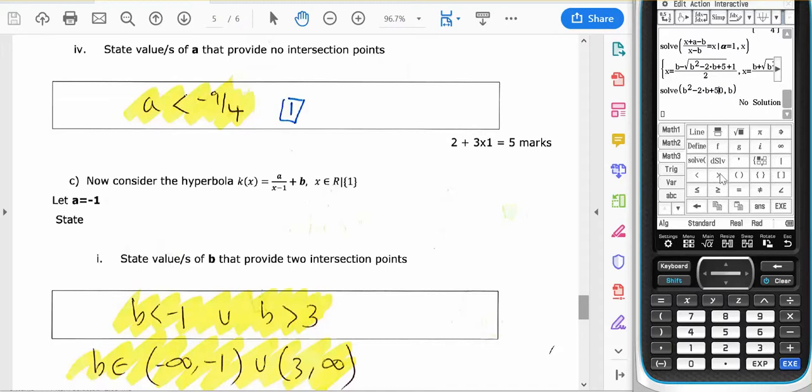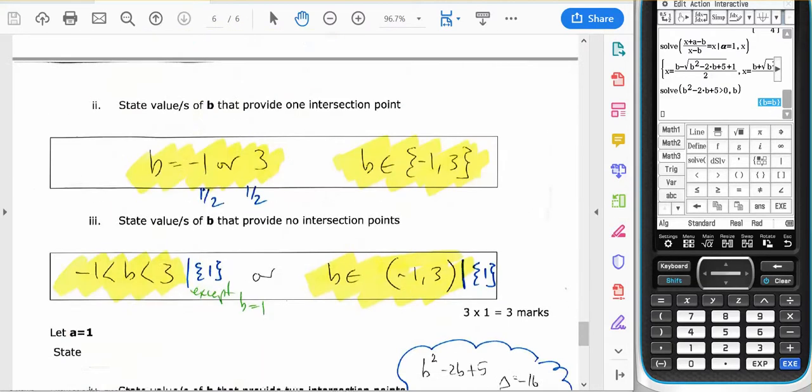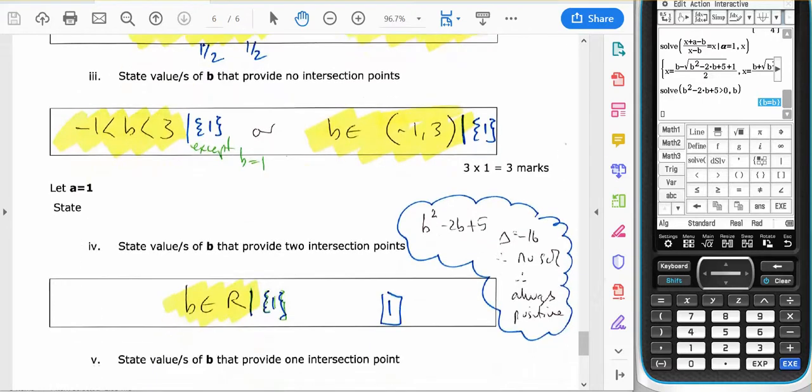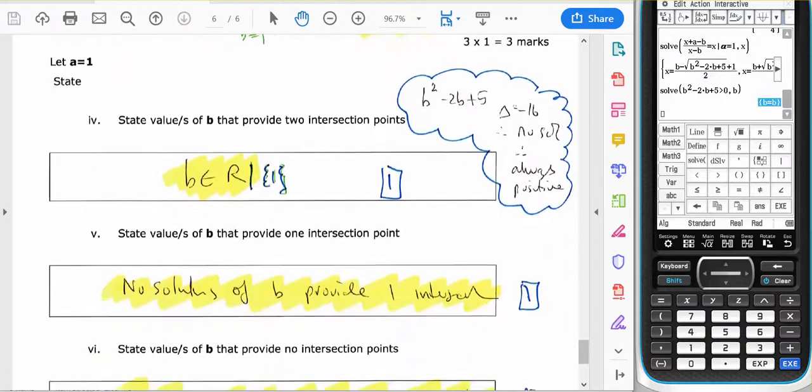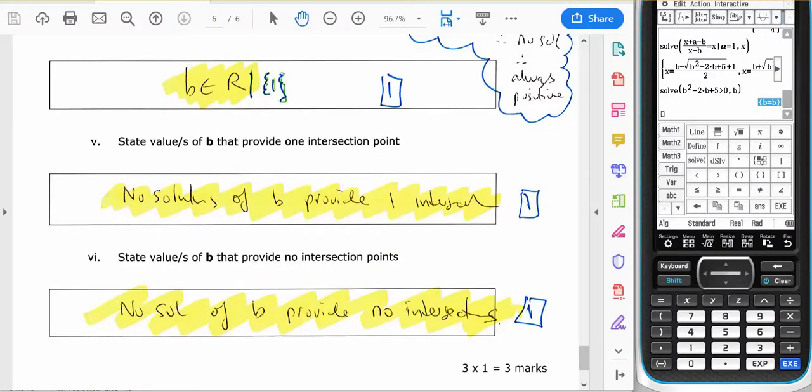And of course, I'm going to get all solutions for b. And that's what b equals b means. b is all real numbers for when we have a equal to 1. So it's all real numbers. Now, in actual fact, you can't have b equal to 1, because if b equals 1, then that's the asymptote, and we can't actually intersect on the asymptote. But of course, there's no solution.